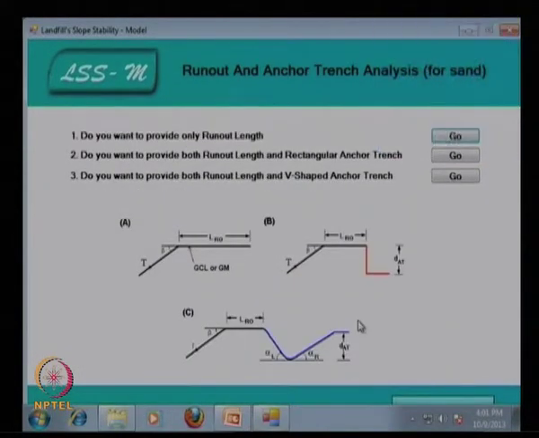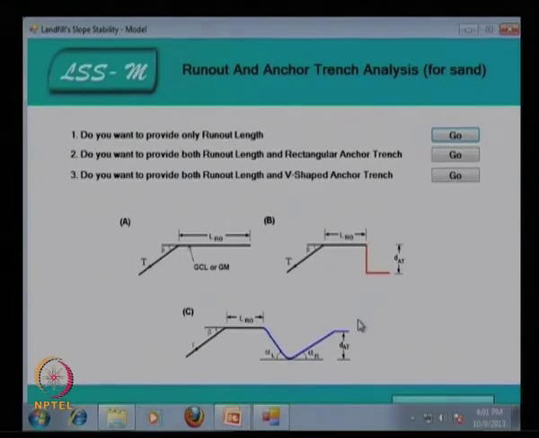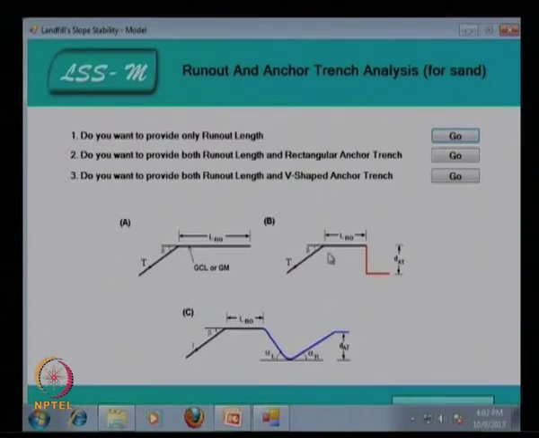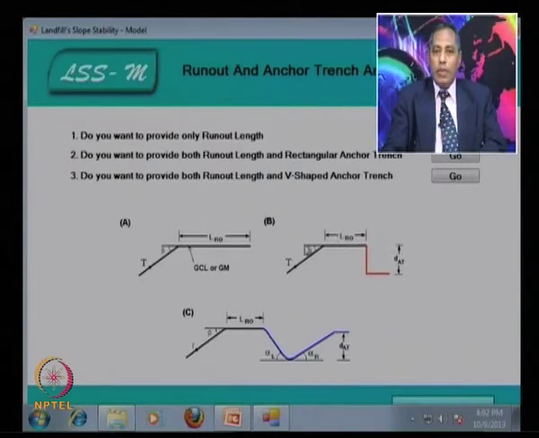I have shown you that in my earlier presentation, that do you want to provide only run out length, or do you want to provide both run out length and the rectangular anchor trench, or number 3, do you want to provide both run out length and the V-shaped anchor trench. So, this is the run out length LRO, and this is the anchorage trench, that is rectangular type, or it may be the V-shaped type.